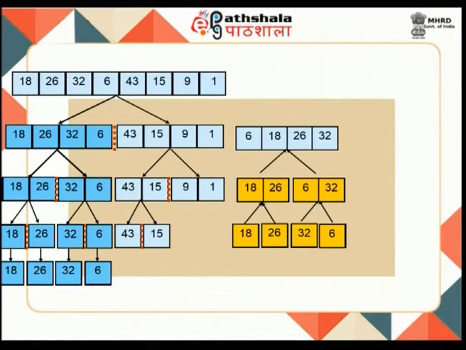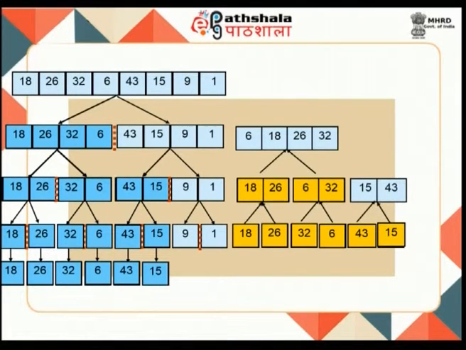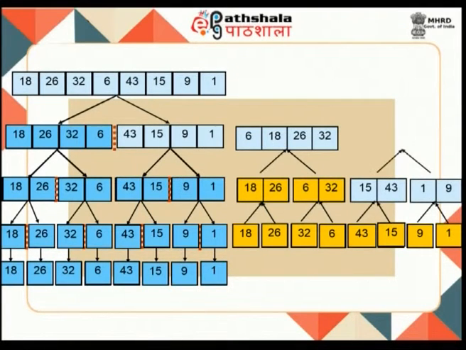You can see I can't go further, therefore I merge this to get the sorted list. I repeat this for the other sub-array. You can see it becomes like this.